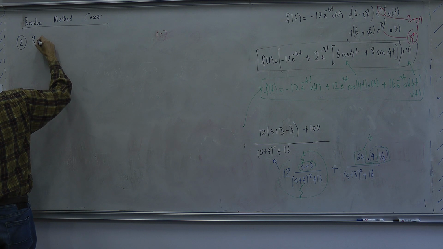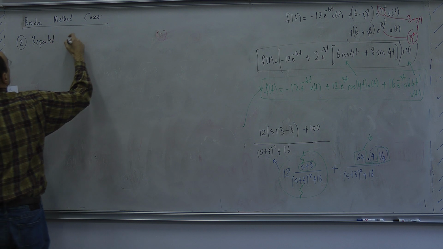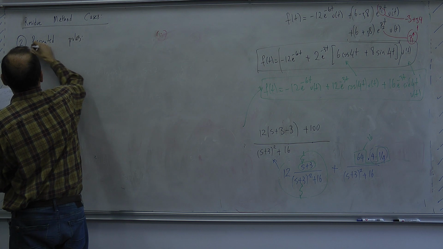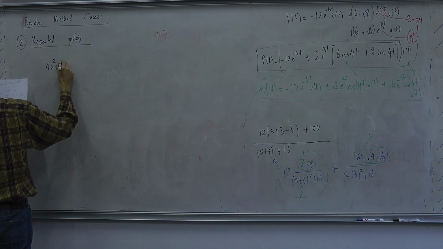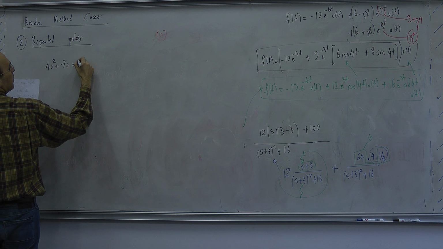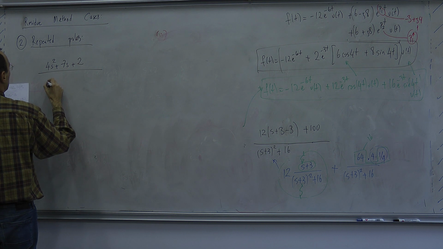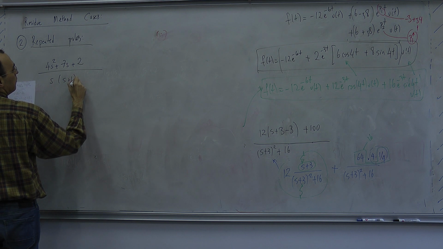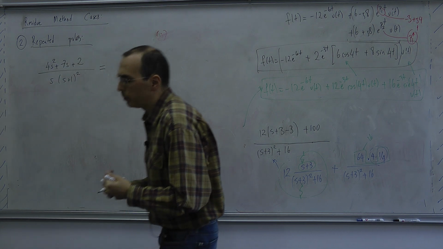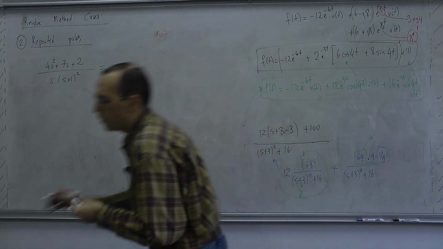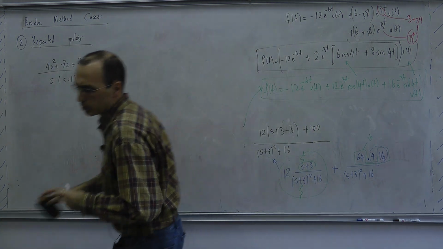So repeated poles. Again, these examples are available in almost every circuit theory textbook, but I just want to emphasize some things that probably you will maybe not immediately observe.